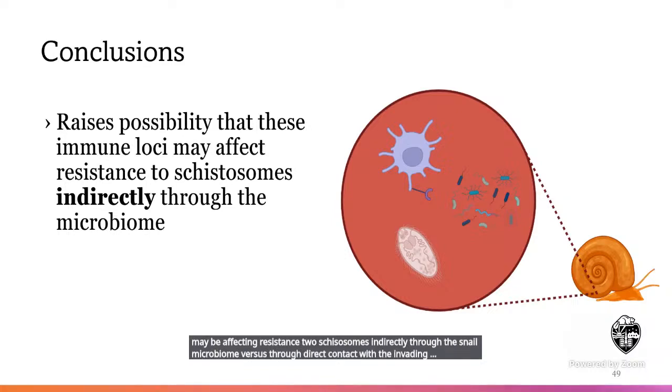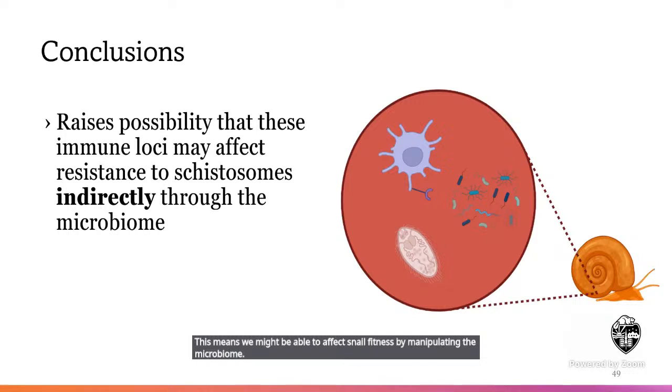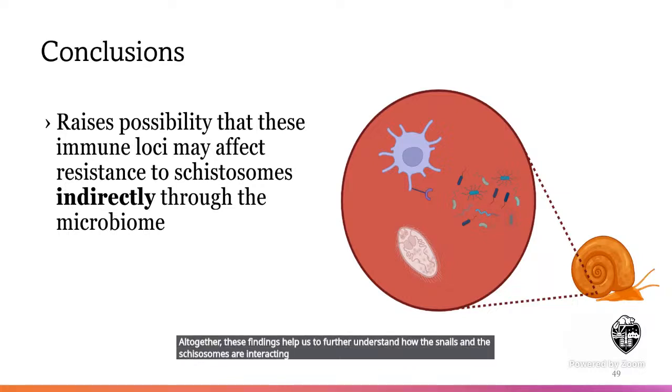This means we might be able to affect snail fitness by manipulating the microbiome. Altogether, these findings help us to further understand how the snails and the schistosomes are interacting, and it brings us one step closer to mitigating the spread of human schistosomiasis.